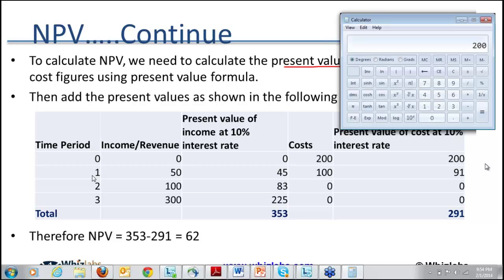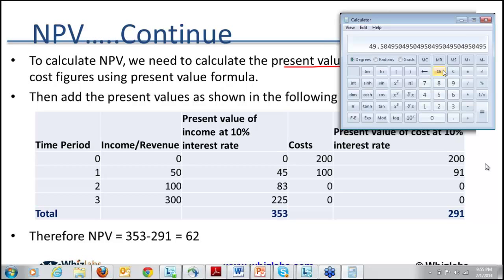From the second year onward, I will have an income of 50, but I will also have a cost of 100. So what is the present value of 50 at a 10% interest rate? So 50 divided by 1 plus 0.1 raised to 1.